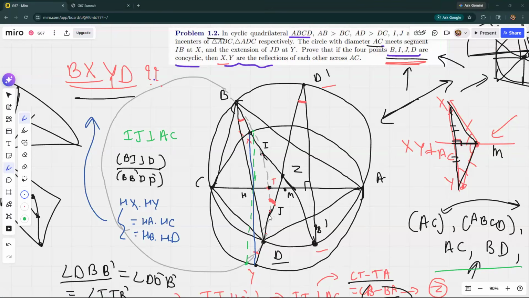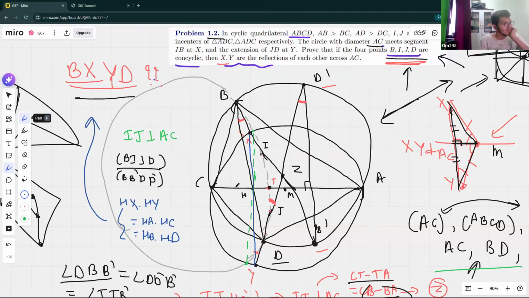We can find angle CZA, right? Yes, we can. I think Z and X are isogonal conjugates in ABC. Yeah, I think that's true.